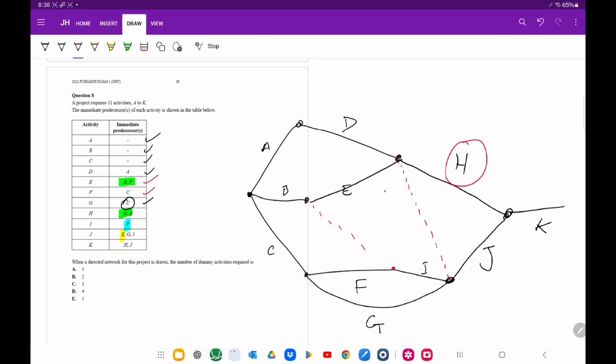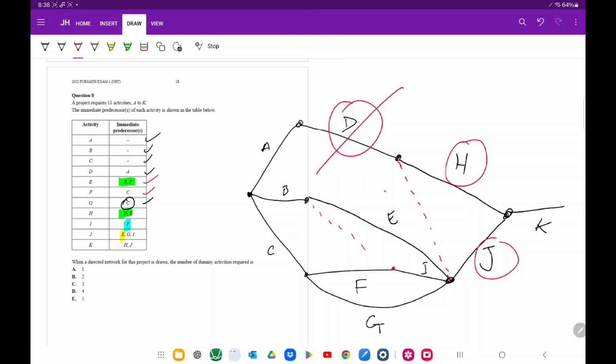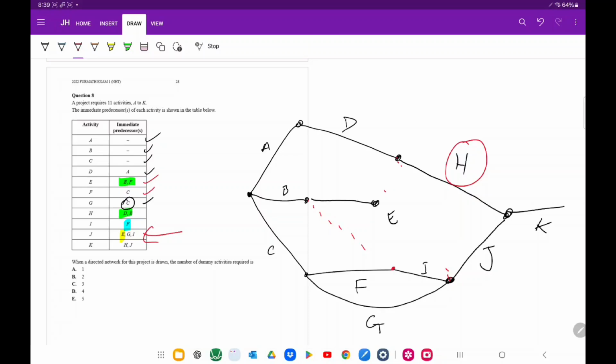Well, we know that since that is not in the information, this is not the case, where we have E directly connecting to this node, because we would also need to create some sort of predecessor dummy for this instance as well, because in order for J to start, it needs G, I, E, but not D. So since we don't want D to be complete in this particular section here, this, in fact, is a dummy variable going that way and a dummy variable going that way.